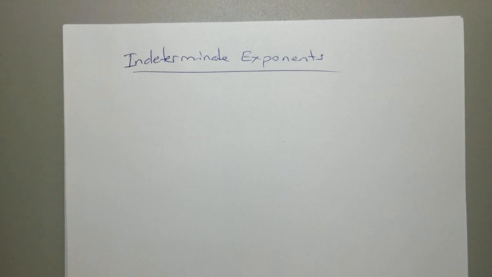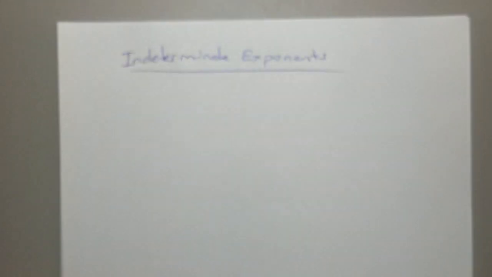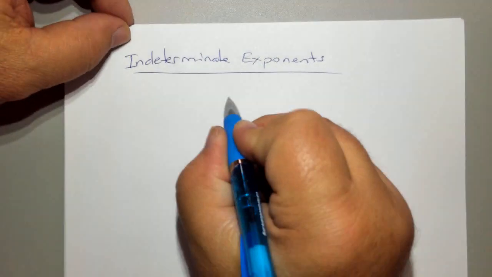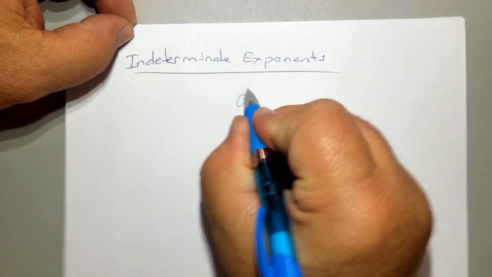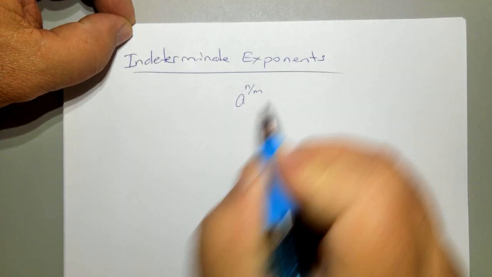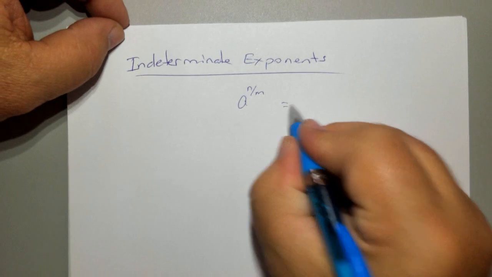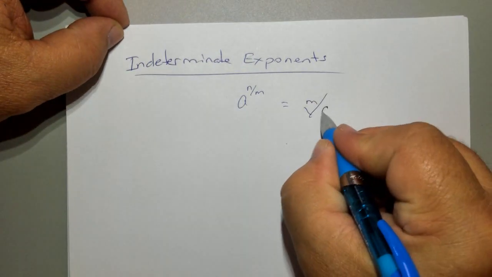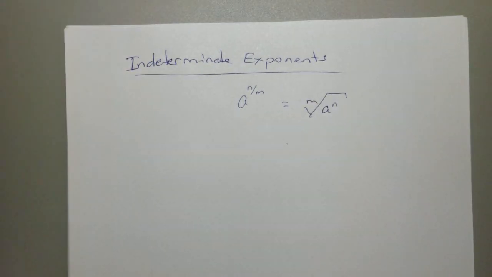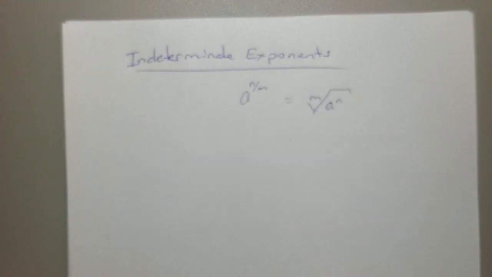The exponents could be indeterminates also. That's where the radical functions come in.